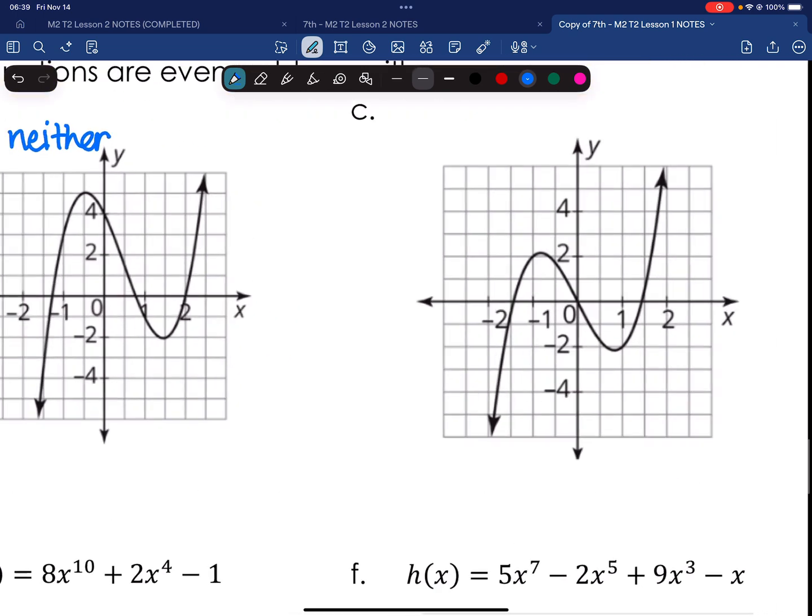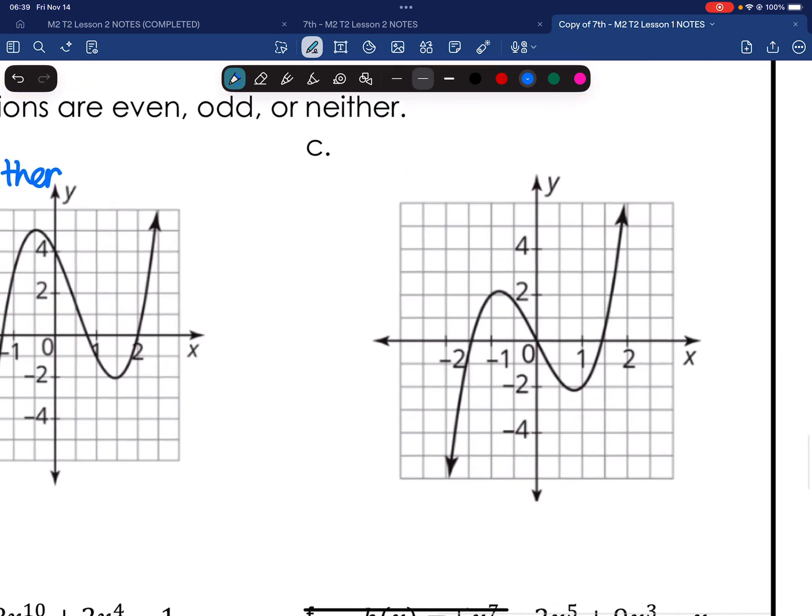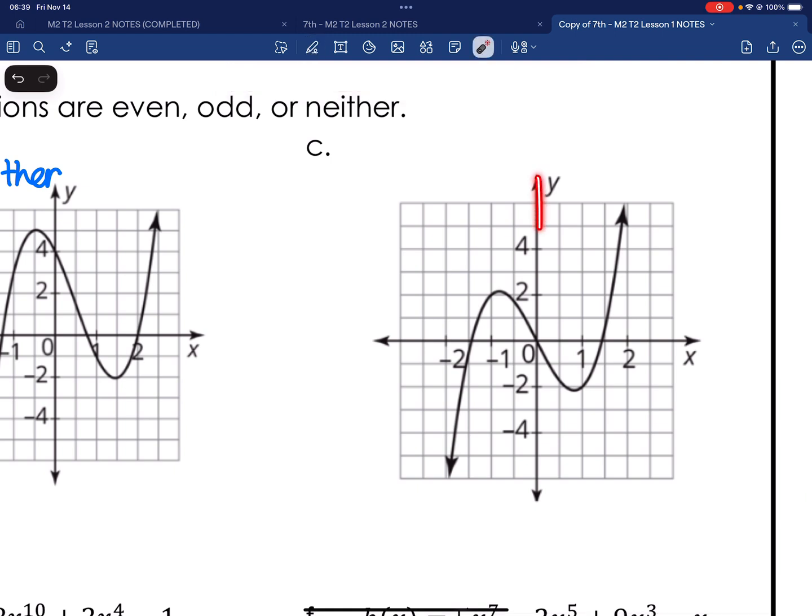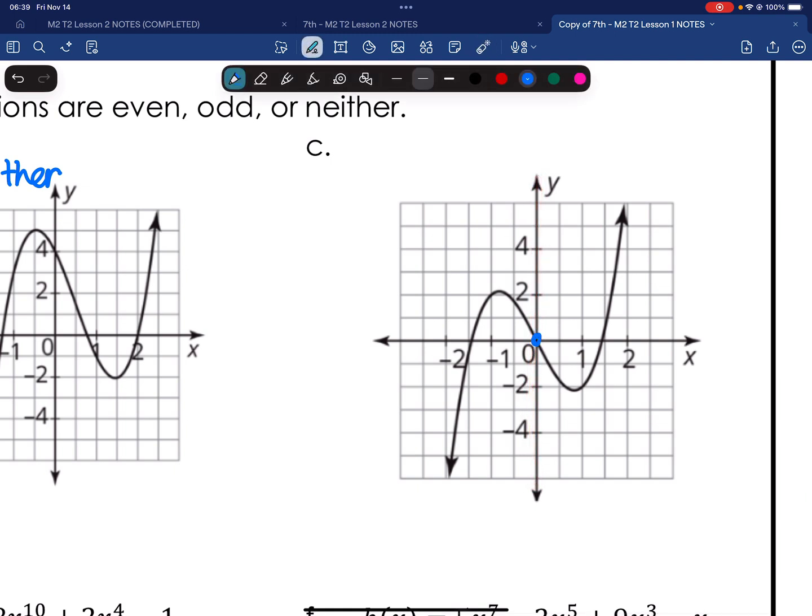Okay. Looking at letter C, this does not have y-axis symmetry, but it does have origin symmetry because this part of the graph matches this part of the graph, and then this part of the graph matches that part of the graph. So that makes this an odd function.